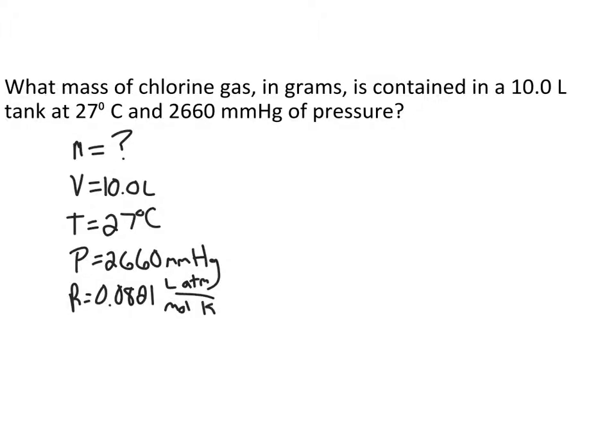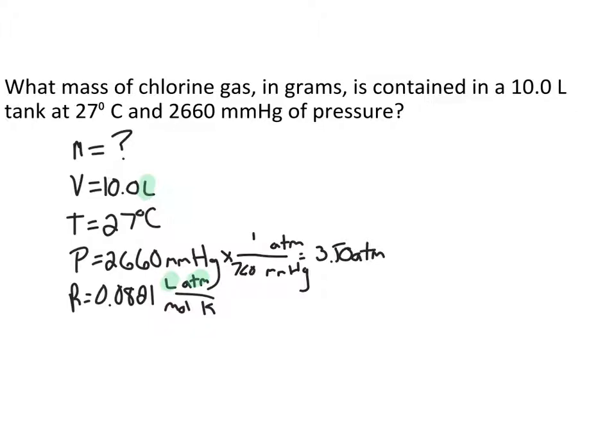And now let's check our units with that R value. So I was given liters, and I still have liters there. Atmospheres, I have millimeters of mercury. So before I do anything else, I have to convert it. So I'm going to drop millimeters of mercury, and I'm going to go to atmospheres. That is a 1 and then 760. So that number should be 3.50 atmospheres.